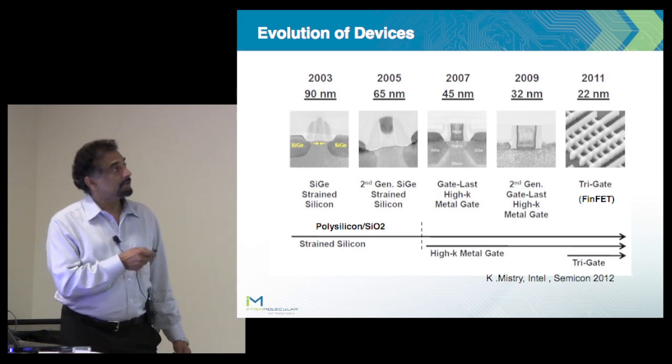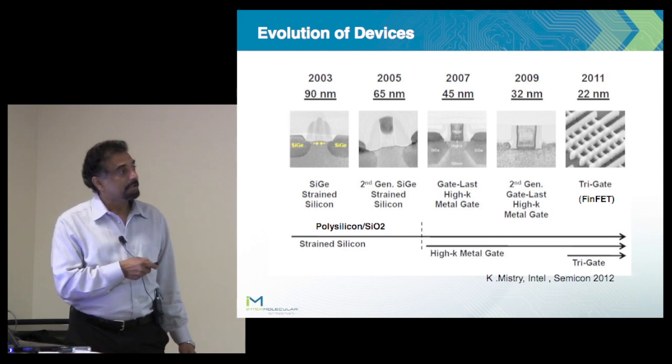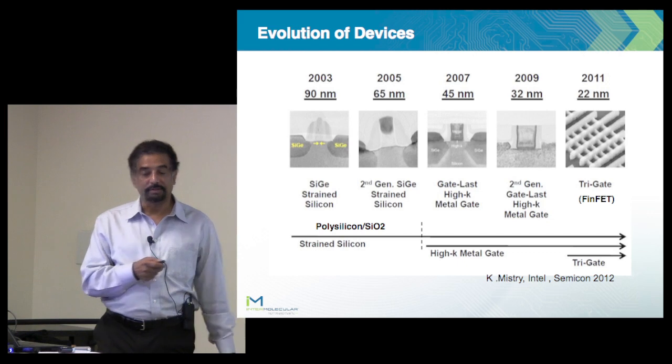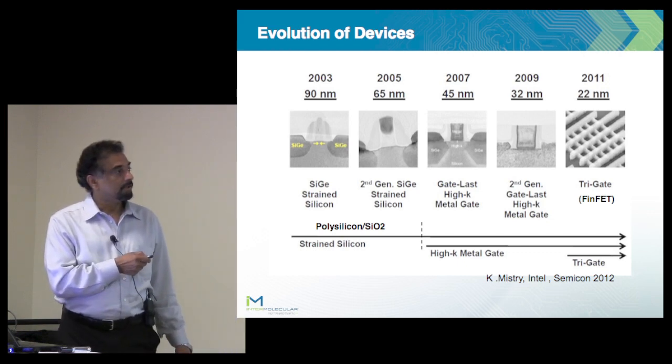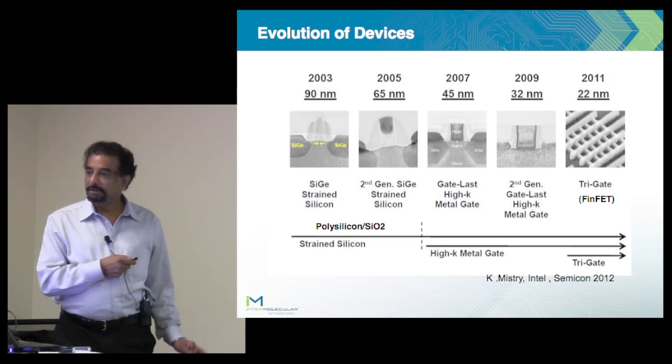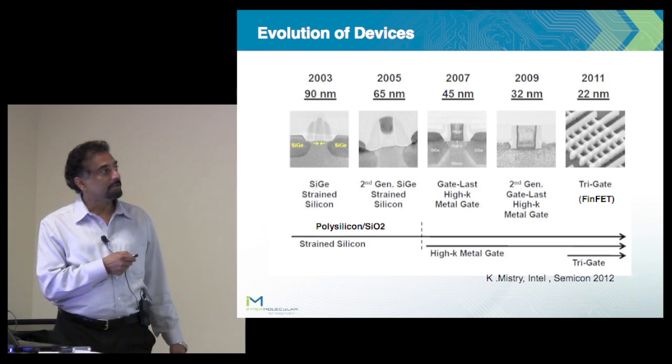But starting really from the 90 nanometers, especially in the front end, there's been a resurgence of interest in materials. So you have silicon germanium strained silicon being used in order to improve the mobility. In 65, there's further improvements using the strained silicon, both on the P and the N channel. But the gates primarily remain silicon and silicon dioxide and silicon.